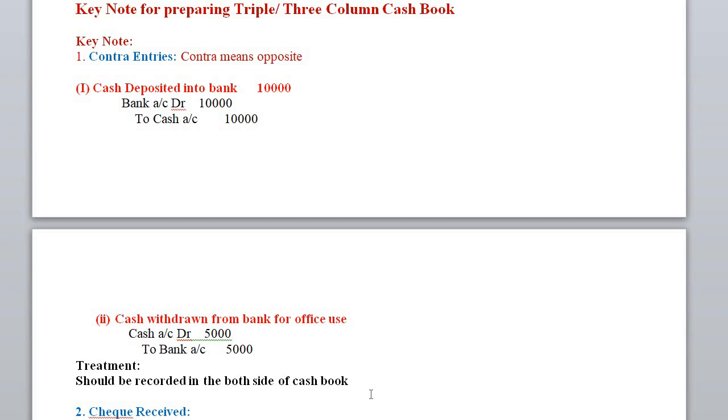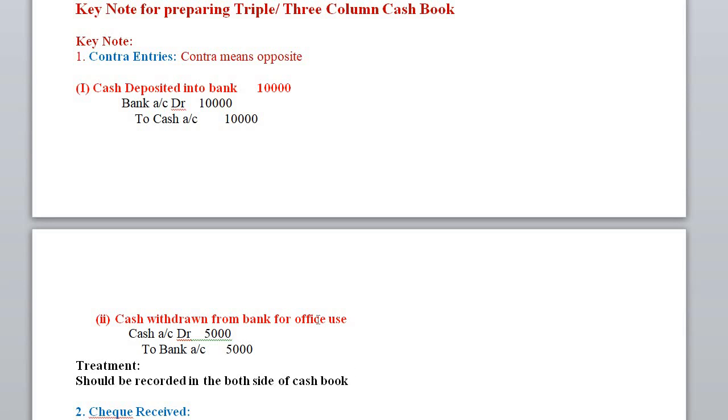If it is a cash receipt, we record it on the receipt side. If it is a cash payment, it will be recorded on the payment side. But for the contra entry, there will be two effects. It will be recorded on the payment side as well as the receipt side of the cash book.